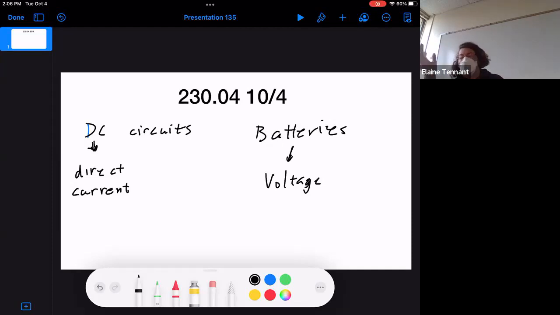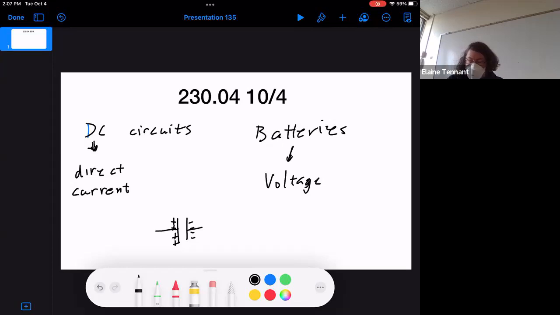However, there is a big difference between battery voltage and capacitor voltage, because in a capacitor, what makes that voltage is literally that there are electrical charges on either plate, and those electrical charges have potential, and when you add them all together, that's how you get the potential of a capacitor.